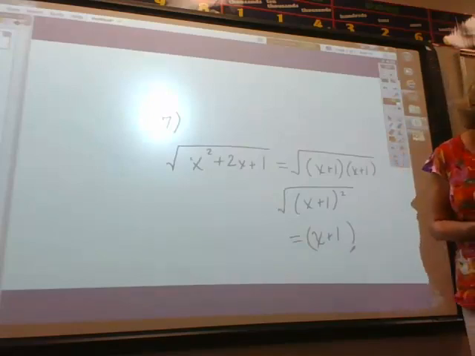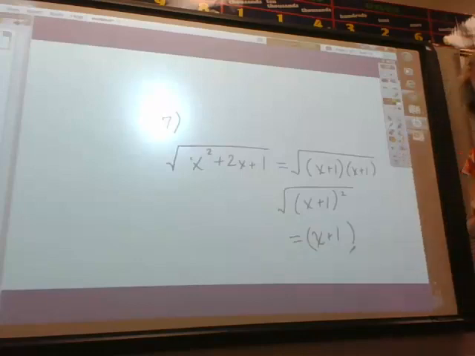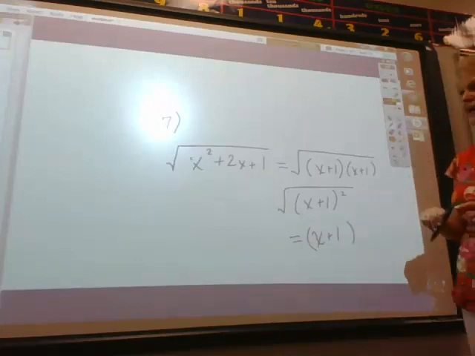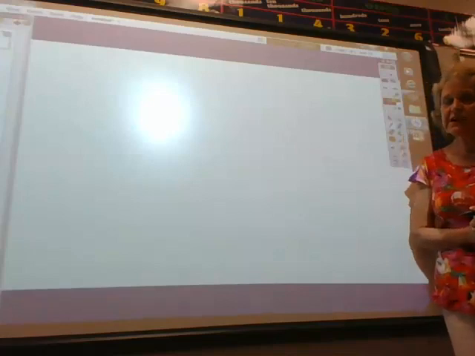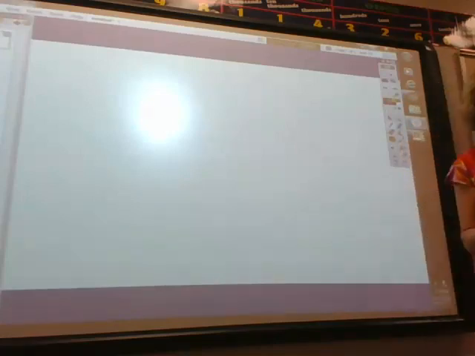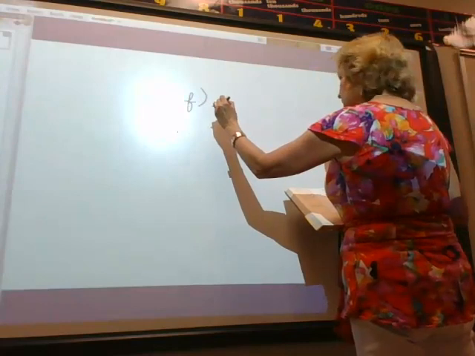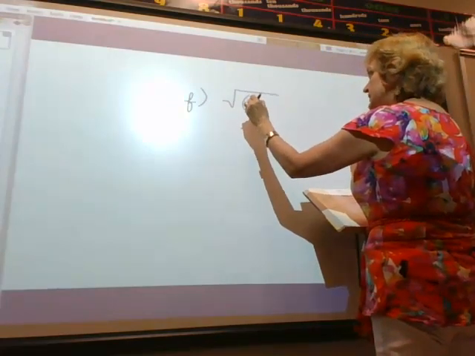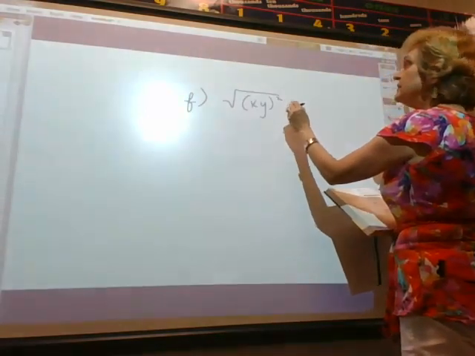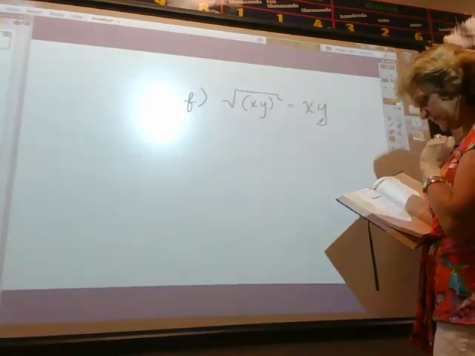All right, so now try this F through K, and then we're done with this lesson. So try this F through K. Please stop the video and then do your work and then check back with me. All right, so for F, we have the square root of xy getting squared. So obviously the xy comes out.